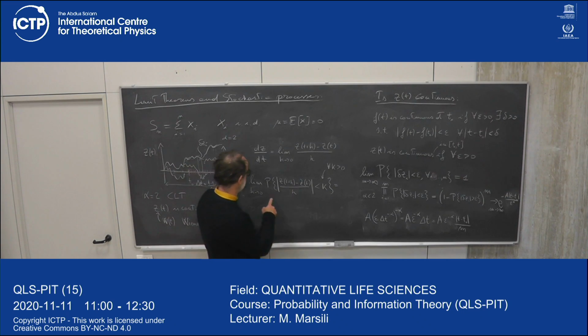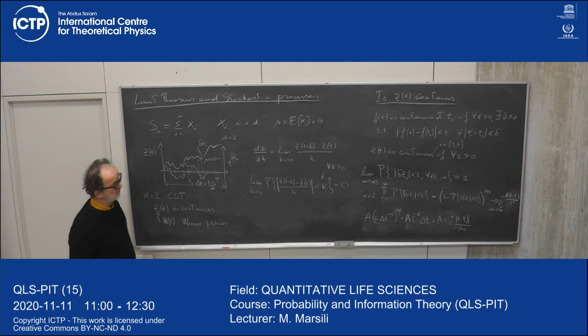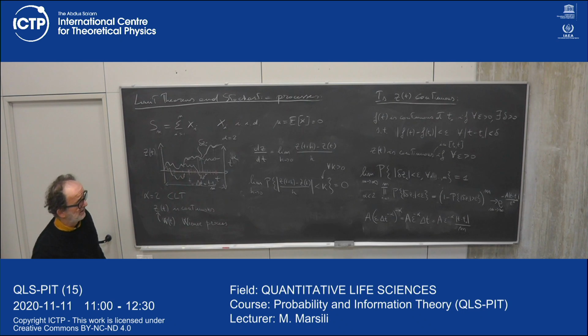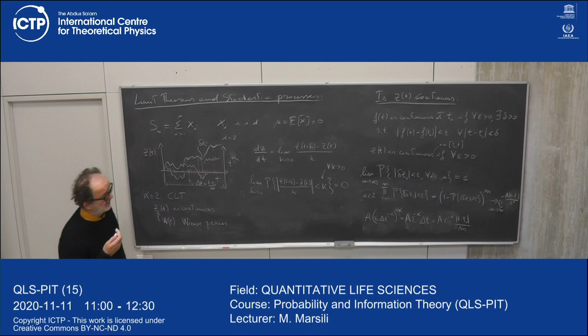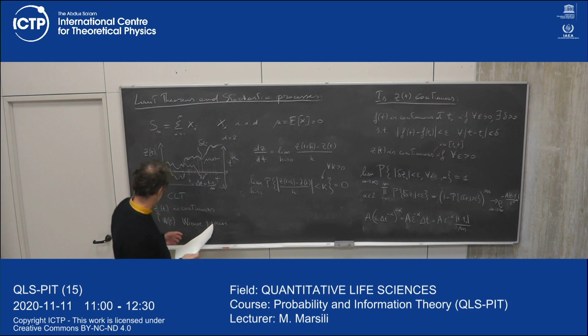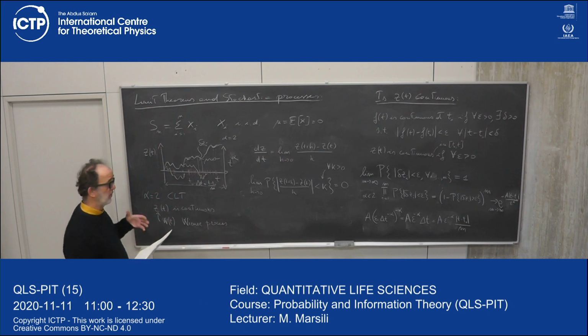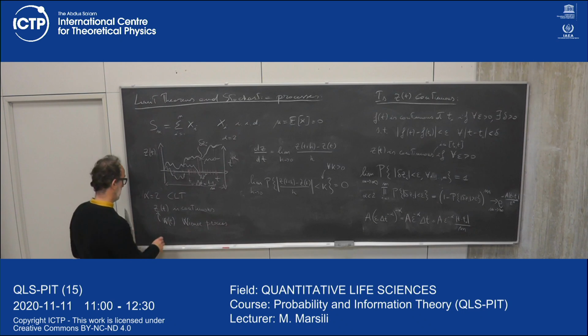You can find that in the limit when h goes to 0, this limit is equal to 0. Do it as an exercise. And what this tells you is that the Wiener process is nowhere differentiable.